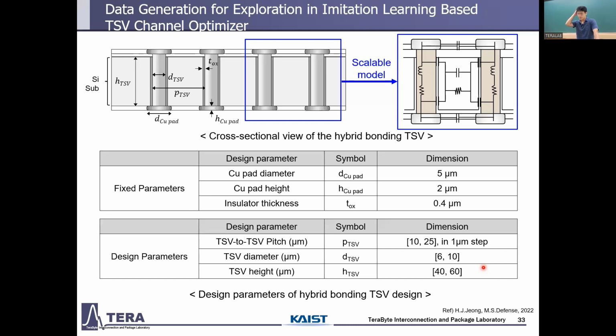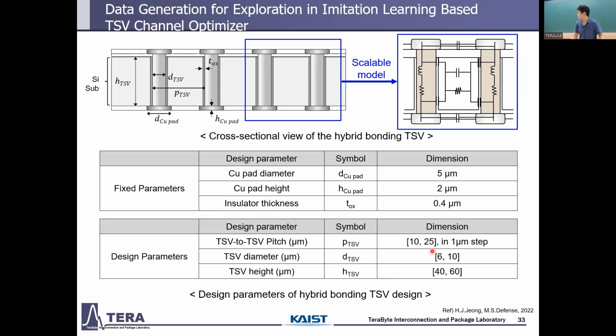First is data generation for exploration. As I said, we have roughly 6 parameters in the TSV, but I put the copper pad diameter, copper height, and insulator thickness as fixed parameters, and I set three design parameters, which are pitch, diameter, and height of a TSV.